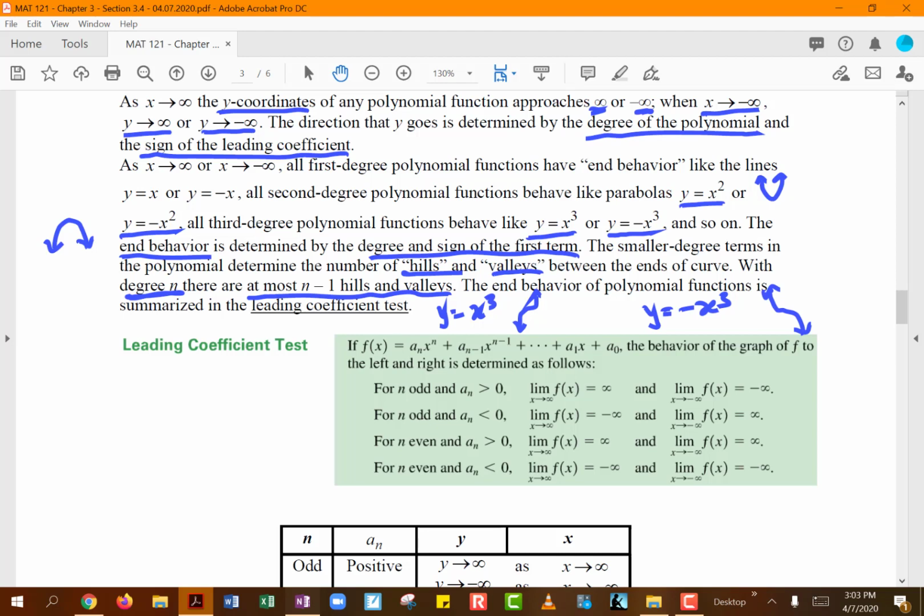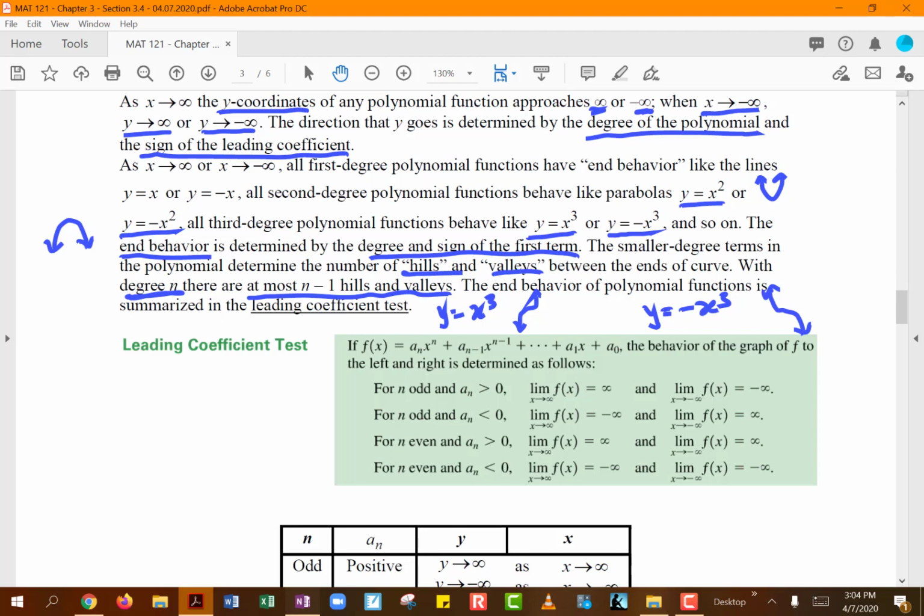If it's a fourth degree polynomial, then you will have 3 hills and valleys. If it's a 6-degree polynomial, then you will have 5 hills and valleys. Whatever the degree of your polynomial, it's going to be 1 less than that.